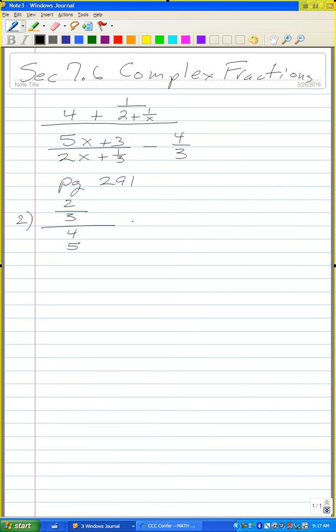In exercises 1 through 12, simplify the complex fraction. I can rewrite this as 2 thirds divided by 4 fifths, which is the same as 2 thirds times the reciprocal of 4 fifths, 5 fourths. I can cancel. 4 divided by 2 is 2. And so 1 times 5 is 5. 3 times 2 is 6.